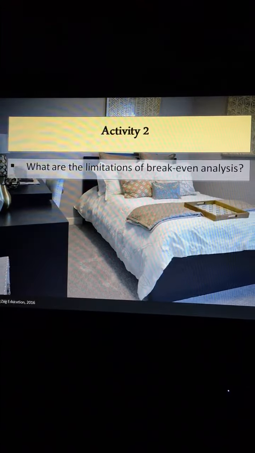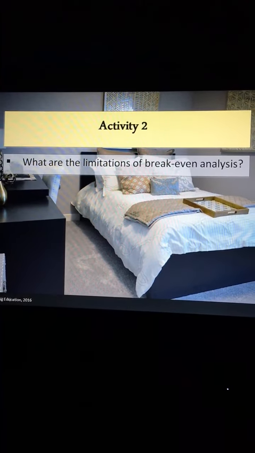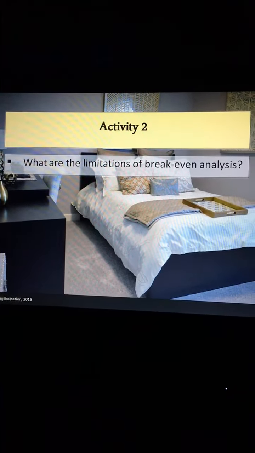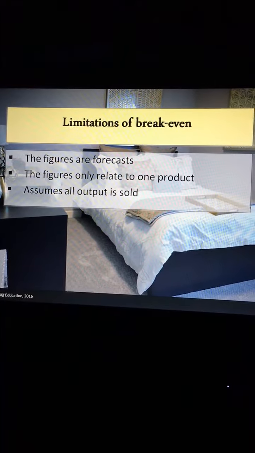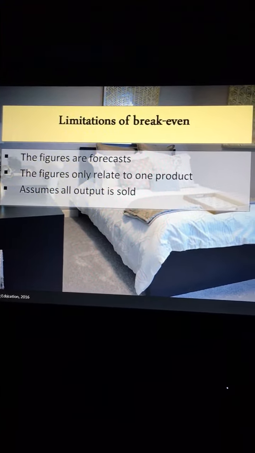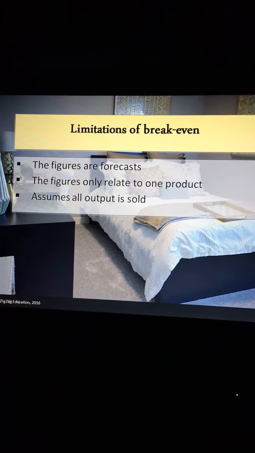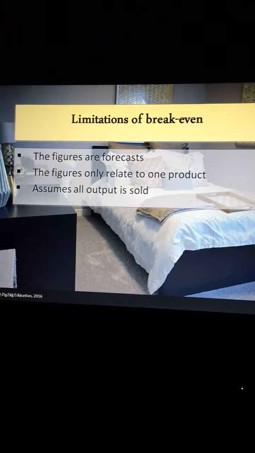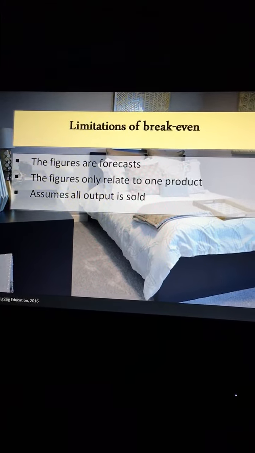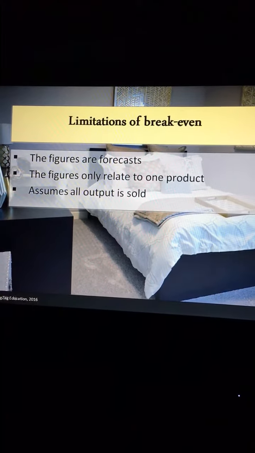It's also got limitations, so if you get a question on Friday asking you about the limitations of break even, they are quite clearly several. Break even forecast figures are not real figures, they are best guess, and they're only as good as your ability to guess. If it's a startup business and it's your first year, it really is a stab in the dark.